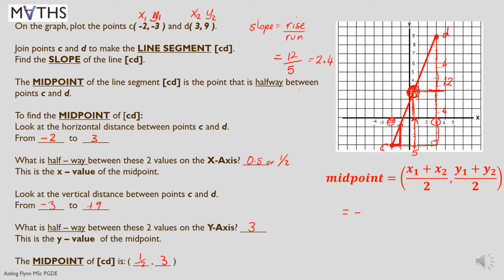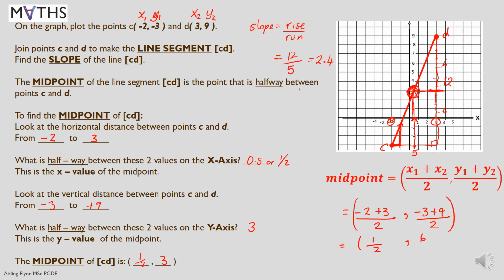Let's substitute into the formula. x1 is minus 2 plus x2 is 3, divided by 2. That will give us an x value, comma, y value, as these are coordinates. y1 is minus 3, and y2 is plus 9, divided by 2. For the x values, minus 2 plus 3 gives me plus 1, divided by 2.